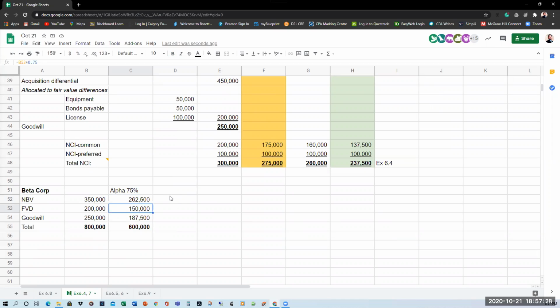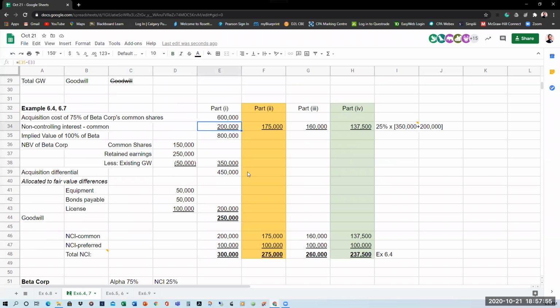What happens to the rest? Where did the rest go? Well, the rest went to non-controlling interests. NCI owns 25%. And when you do the math, 25% of the book value, 25% of the fair value differences, and 25% of goodwill works out to $200,000, the amount that we allocated to NCI.